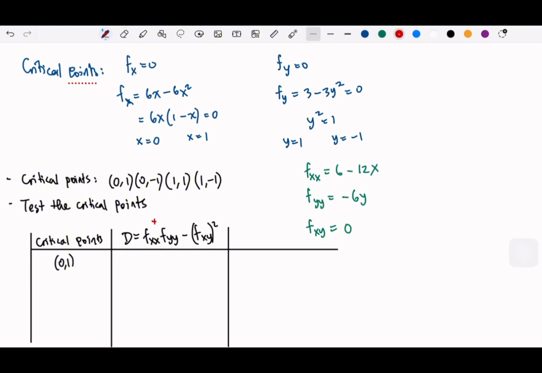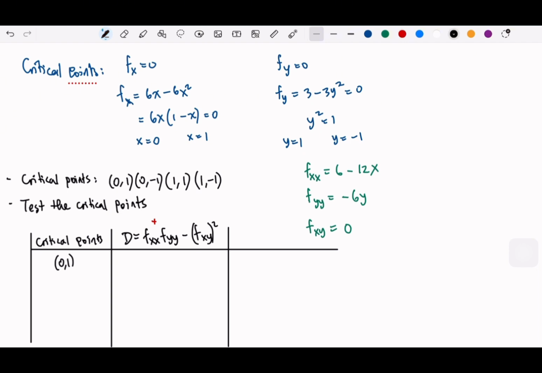And because the xy is 0, we only care about this, right? So the D is positive. So when D is positive, we have two possibilities. It's either local max or local min. Okay? So how do we know which one is max and min? We need to test the partial xx or partial yy. But I think just testing the partial xx should be sufficient.